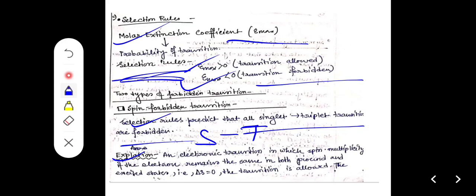But when a singlet to triplet transition is possible, del S is not equal to 0 and spin is changed. That's why the singlet to triplet transition is forbidden.